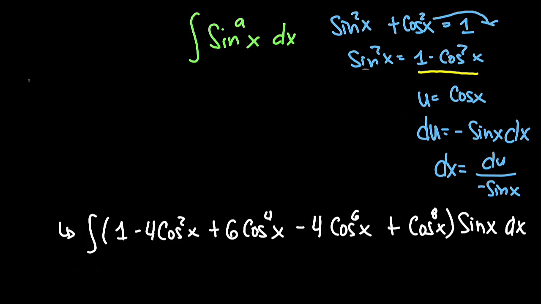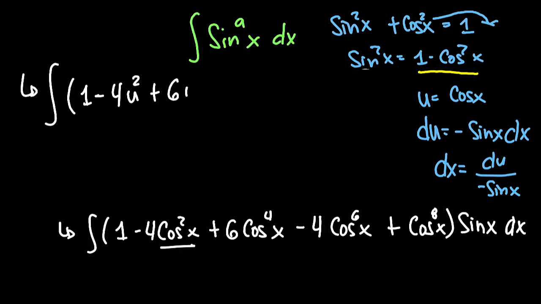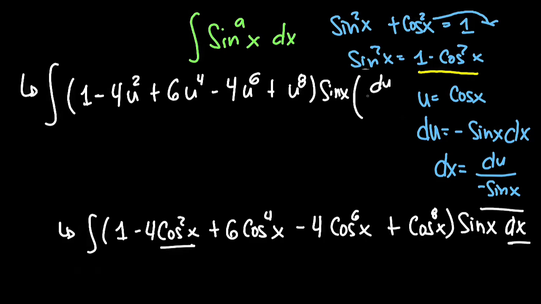Now that we have our value, let us put it. So this would be the integral of 1 minus 4 cosine squared of x, which would be equal to u to the power of 2, since u here is simply cosine of x, plus 6u to the power of 4 minus 4u to the power of 6 plus u to the power of 8, multiplied by sine of x and multiplied by the value of dx, which is du over negative sine of x.